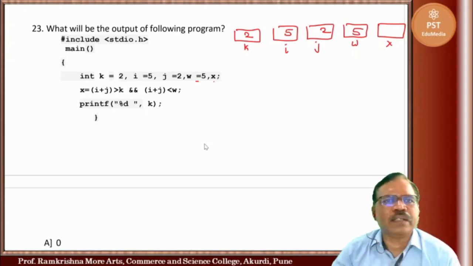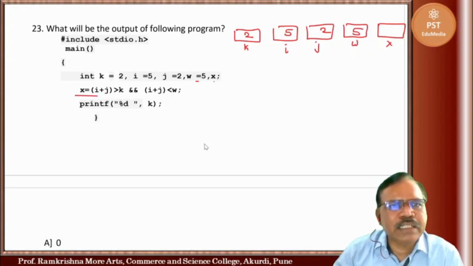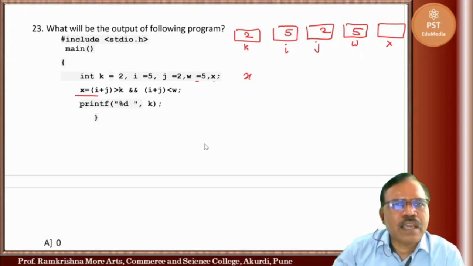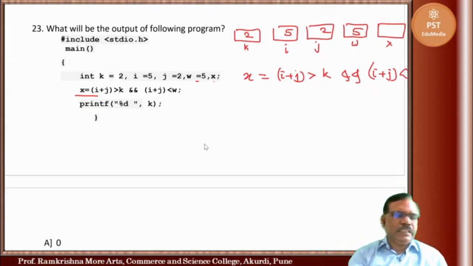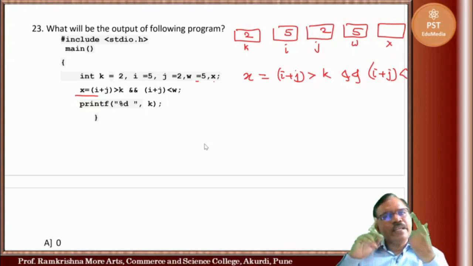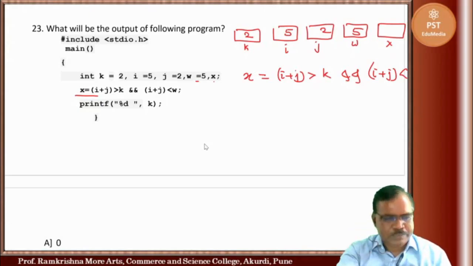Now our expression is x = i + j > k && i + j < w. So what happens in this expression? First arithmetic operations are performed, then relational, then logical and then assignment.